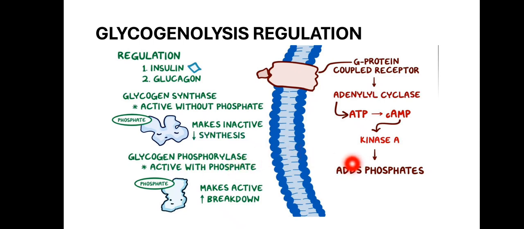But if this kinase enzyme adds phosphate to glycogen synthase, it will deactivate it, because this one doesn't need phosphates. So that's why cyclic adenosine monophosphate promotes glycogenolysis by adding phosphates onto the glycogen phosphorylase enzyme. So that's how this process of glycogenolysis regulation works. So this is the end.